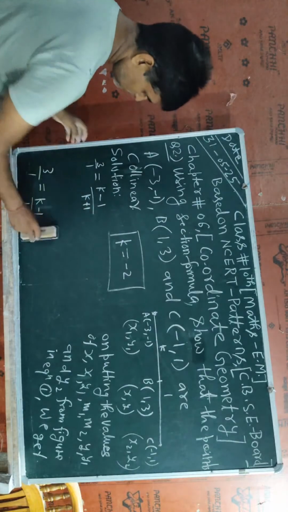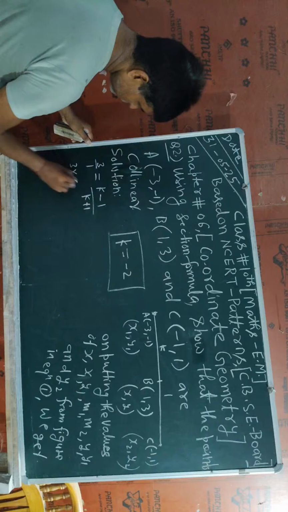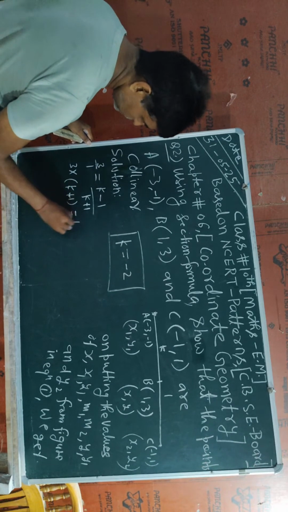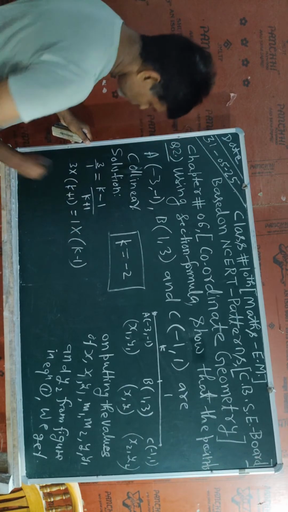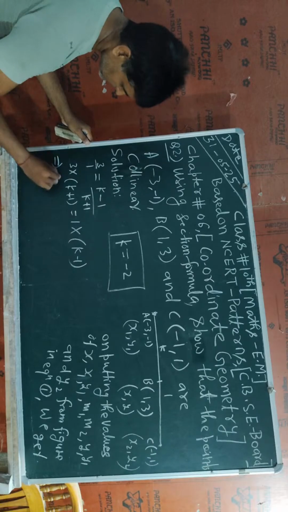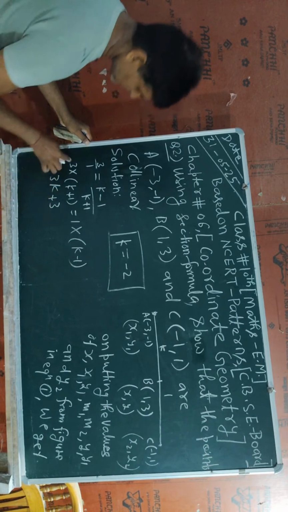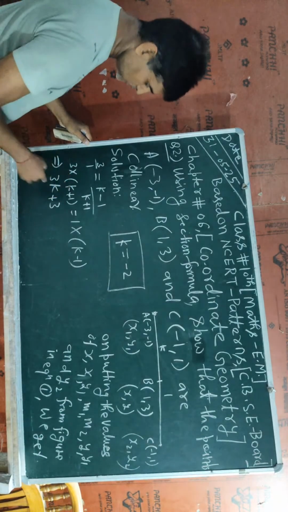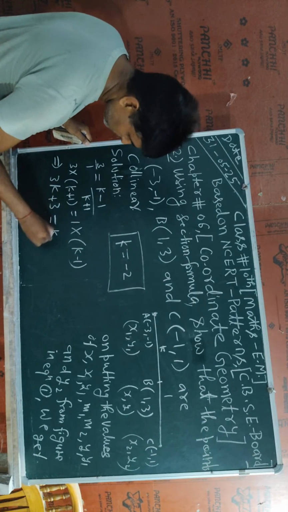So with cross multiplication, 3 into the bracket k plus 1 is equal to 1 into the bracket k minus 1. Now further I will write 3k plus 3, because 3 is multiplied with k and also with 1, so 3k plus 3 is equal to k minus 1.